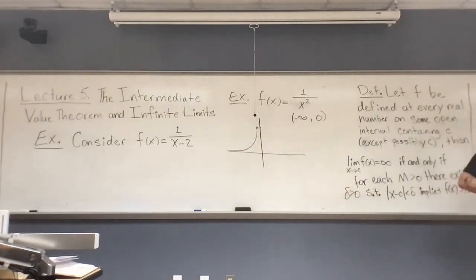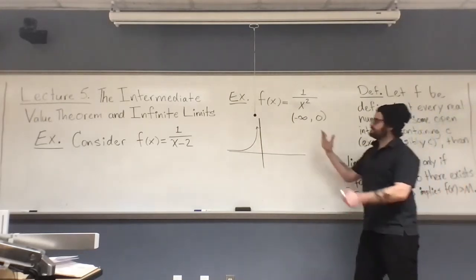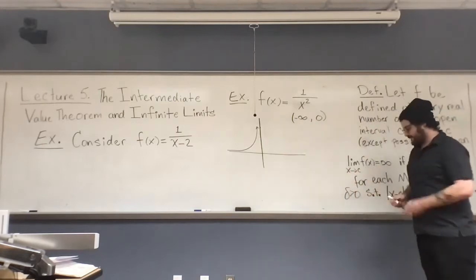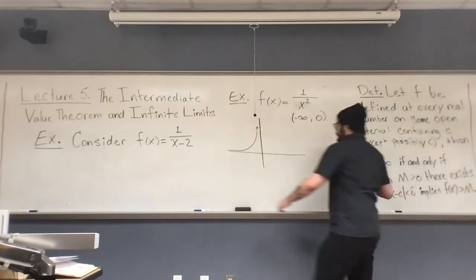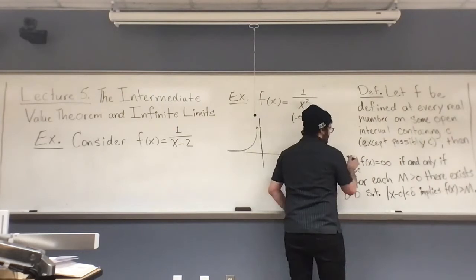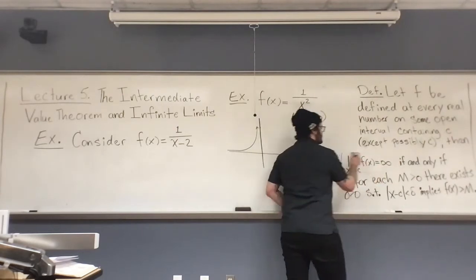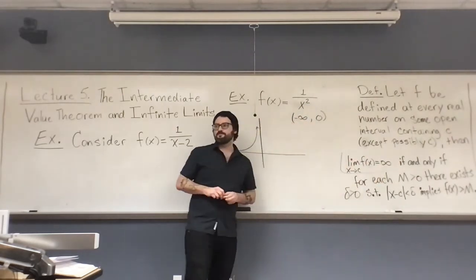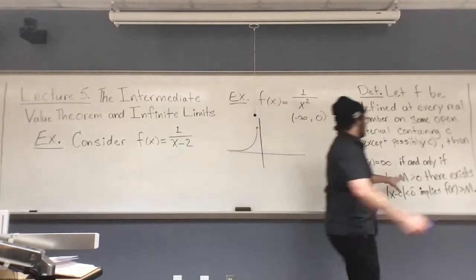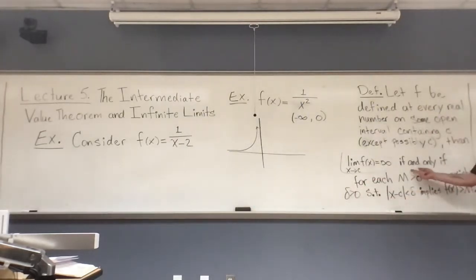Okay. So again, this piece right here, we said it out loud, means that f is unbounded as x approaches c. Nothing can stop its growth. This other piece, which is equivalent logically, because I wrote this if and only if right here, means that for any positive number you pick, there's some interval around c, so that if you pick an x in there, f is greater than that positive number.